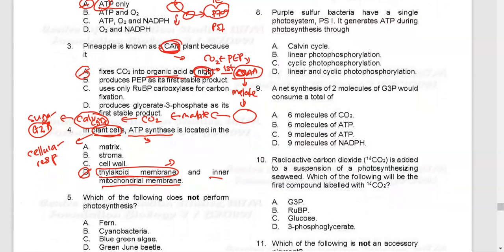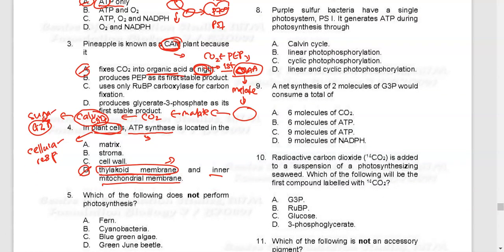During the first phase of photosynthesis, which is the light reaction, chemiosmosis is involved to synthesize ATP using ATP synthase.